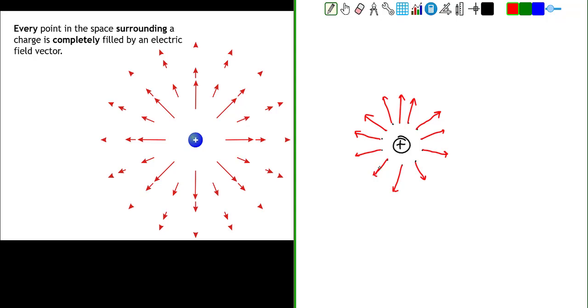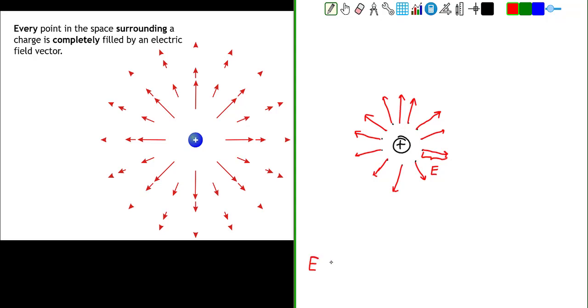And the reason why that is, there are an infinite number of points in space. So I could really only draw a finite number of points. However, I know that at each point, for that specific charge, there is going to be one and only one value of its electric field at that point. And that value of the electric field for that charge at that point is going to have a specific magnitude.